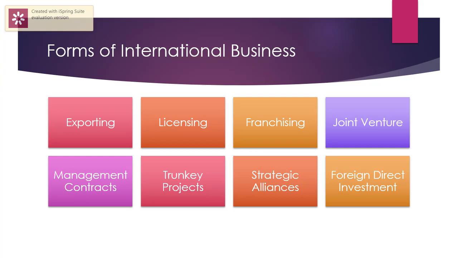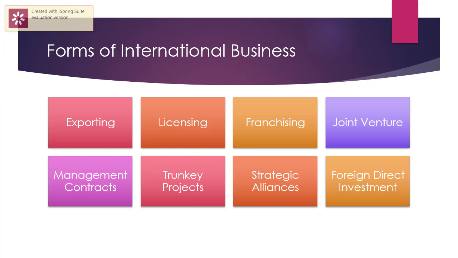There are different forms of international business that take place globally. The very basic fundamental type of international business is exporting, where very minimum effort is required, followed by licensing.